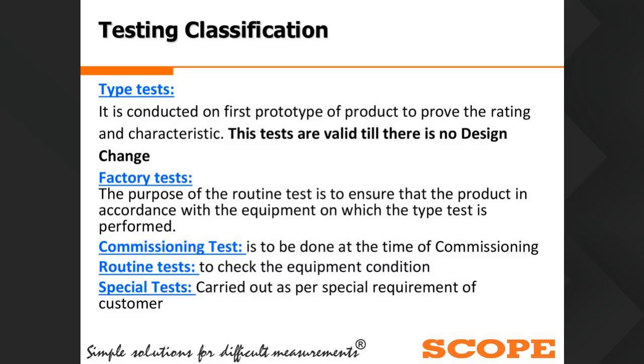Factory test checks the designed product is as per the specification and rating. Commissioning test needs to be done at the time of commissioning or after commissioning. Routine test we need to carry out once or twice in a year, as recommended by different standards, to check the equipment condition. And special test is as per the special requirement of the customer.